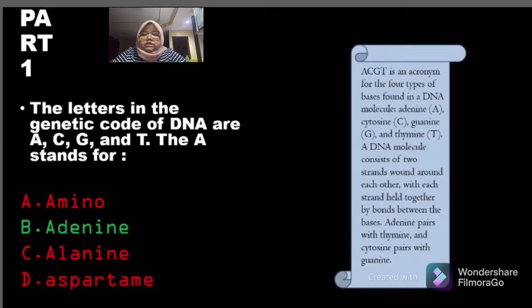Answering the seventh question, the letters in the genetic code of DNA are A, C, G, T, and the A stands for B, adenine.